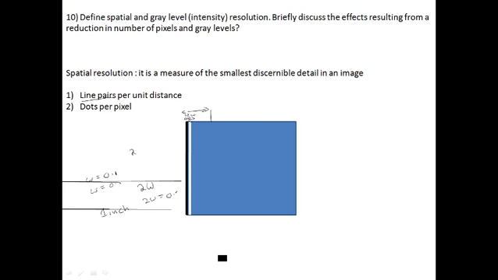So in a 1 inch distance, there will be 1 by 2W lines, that is 1 by 0.2.